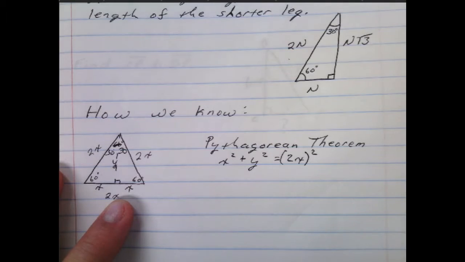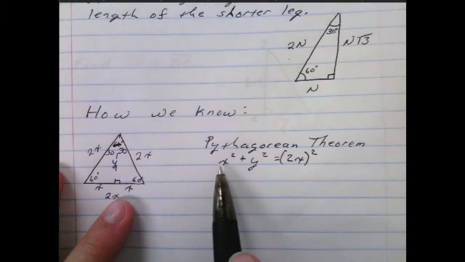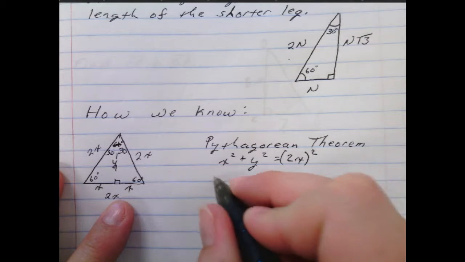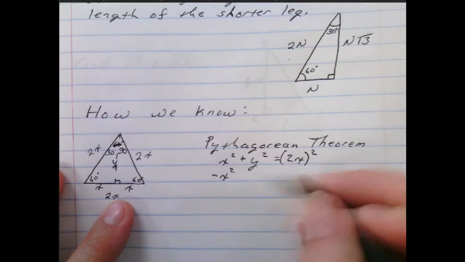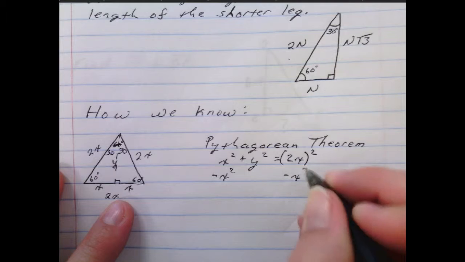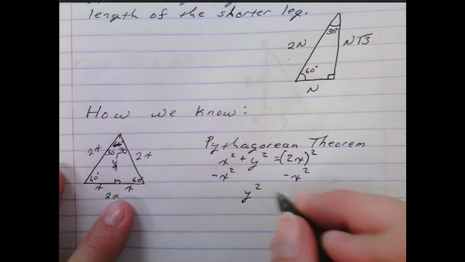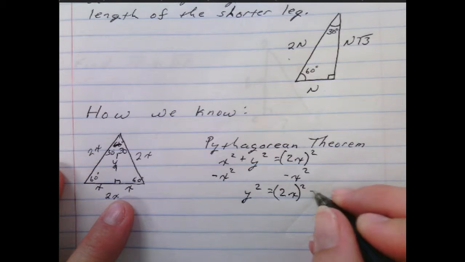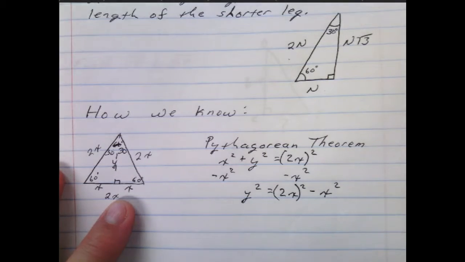Okay? So then we're going to put these together over here. We're going to subtract x squared from both sides. So we've got y squared equals 2x squared minus x squared. So what is 2x squared?